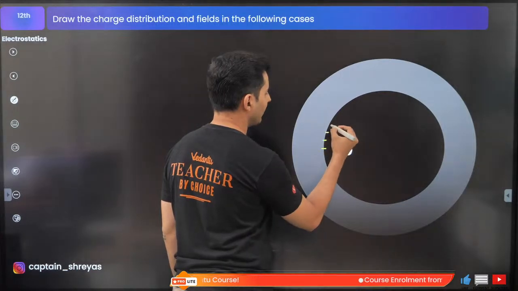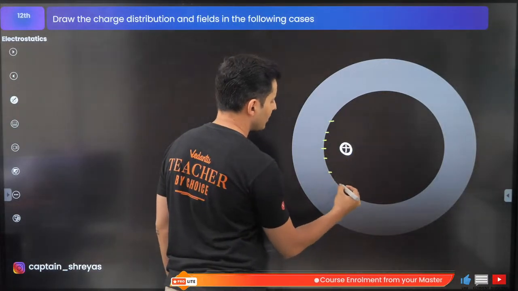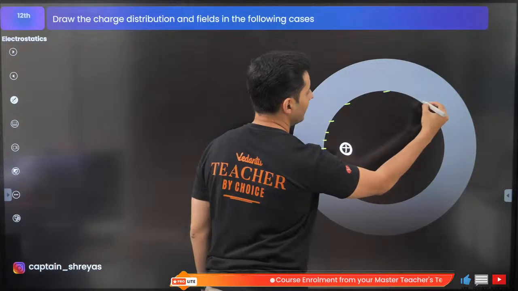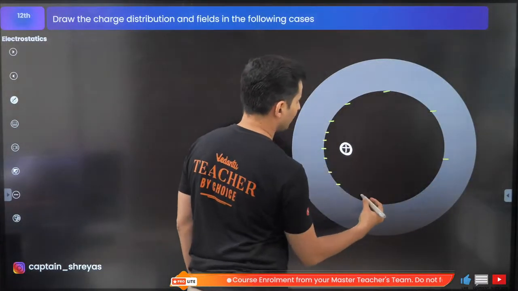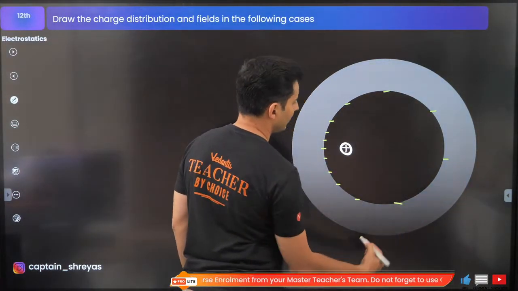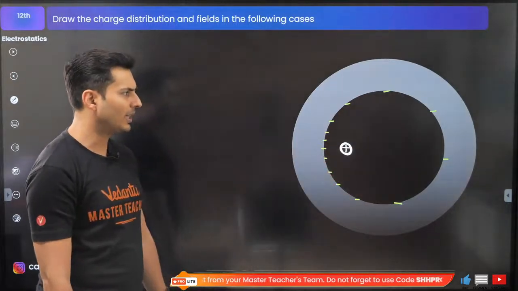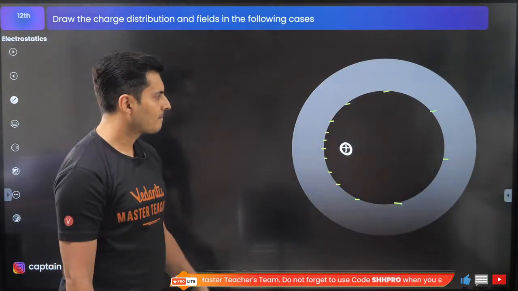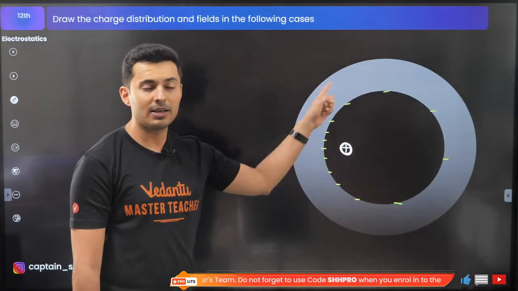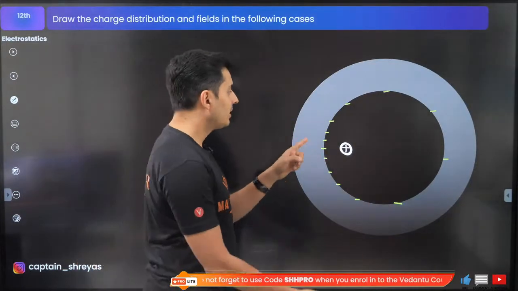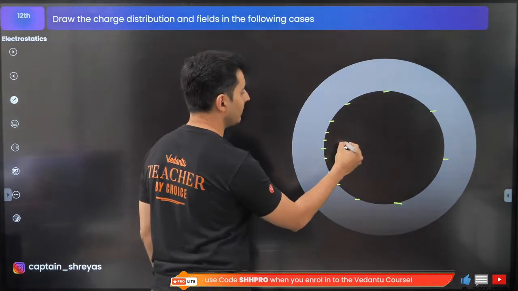So you will see a lot of electrons accumulating here, but slowly the distribution will fade away and there will be very few electrons left on this side, correct? This is how the distribution might look. Now, because the electrons have come here, there will be a field from this positive to the negative charge.